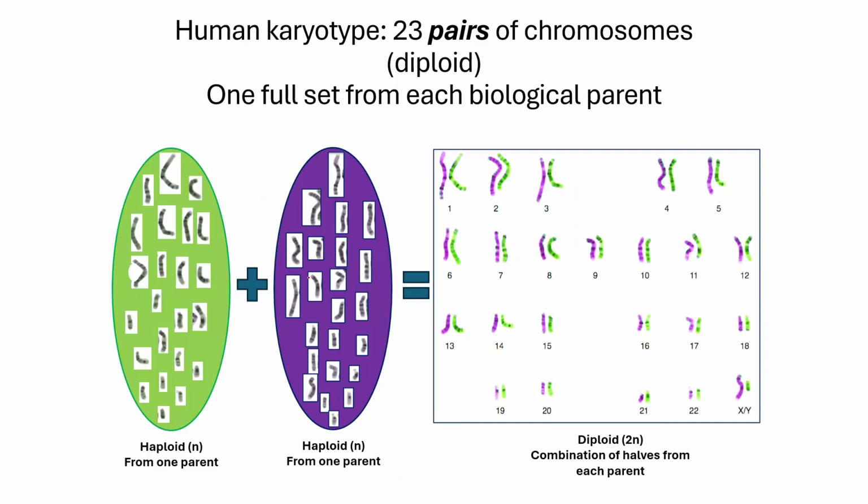So for humans, our karyotype is 23 pairs, 46 chromosomes: 22 autosomes and one sex-defining chromosome set, each coming as haploid from haploid gametes from our parents, right? That merge and then create our own particular karyotype.